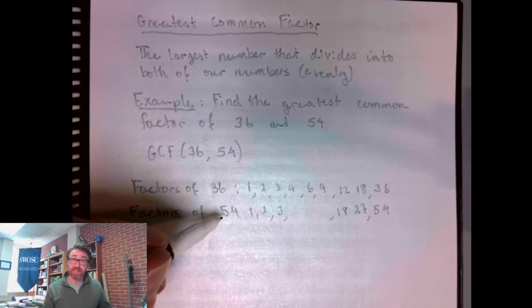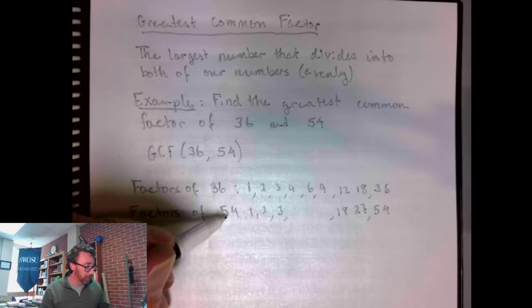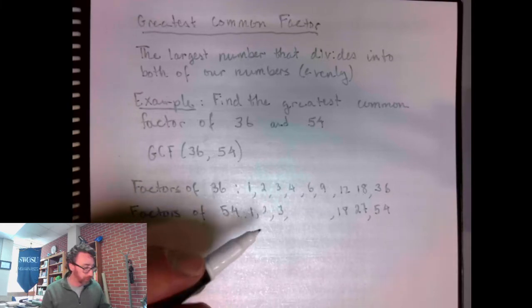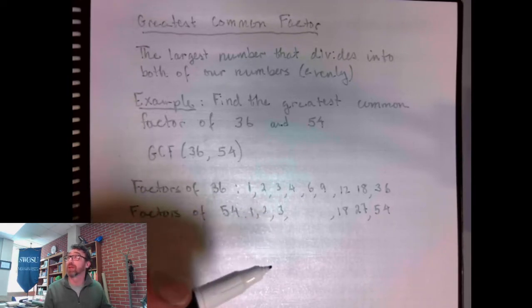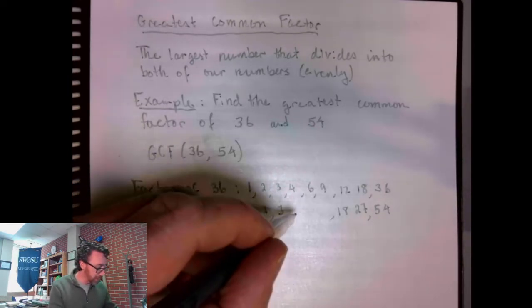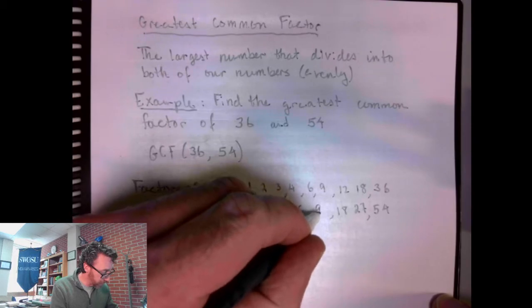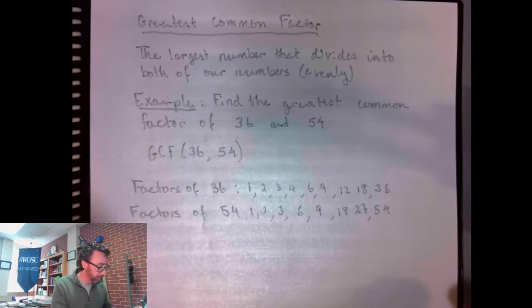Now this is not divisible by 4. You can do a quick long division test there. 4 does not go in evenly. 5, no. 6 is going to be a yes. Whenever something is divisible by 2 and 3, it's going to have to be divisible by 6. So 6 is paired up with 9.